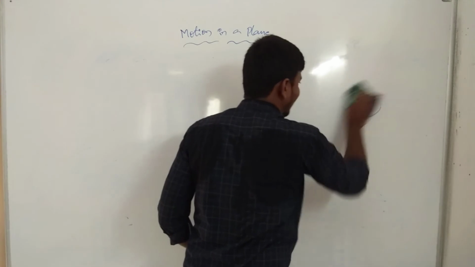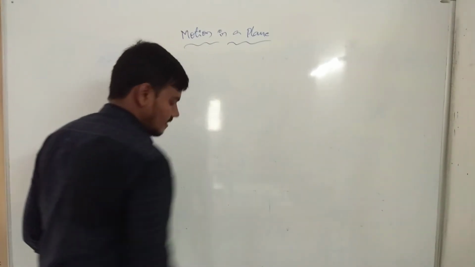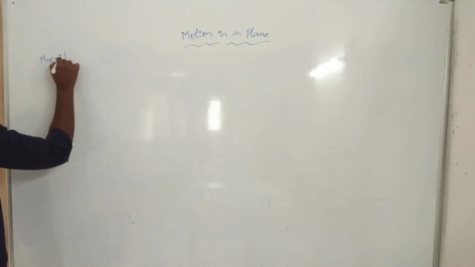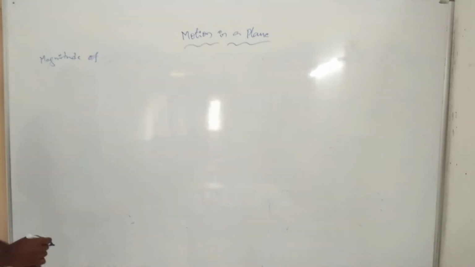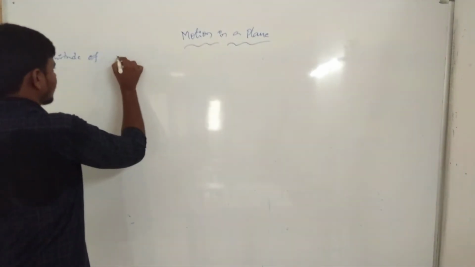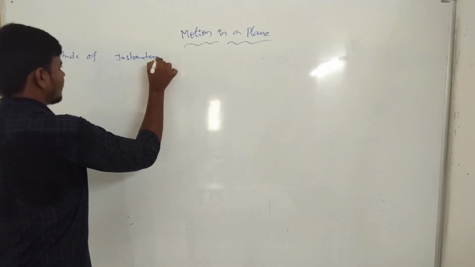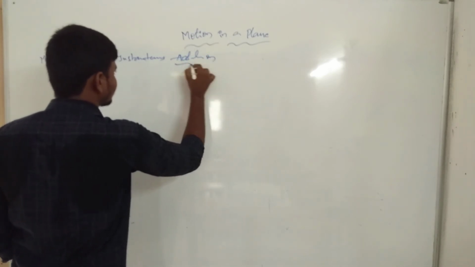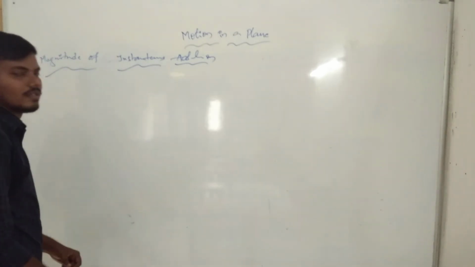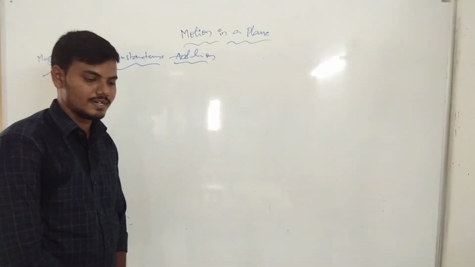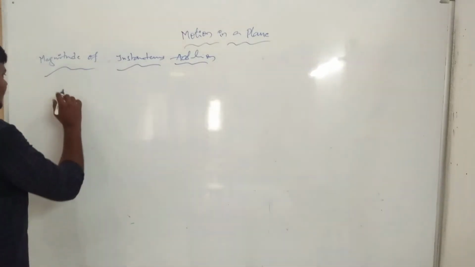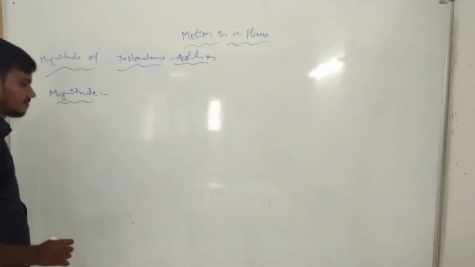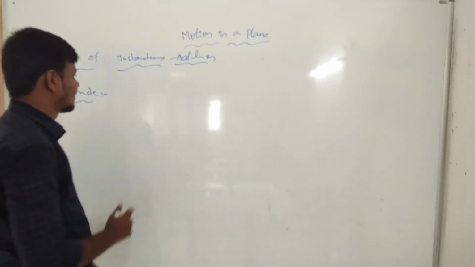Magnitude of instantaneous acceleration. Now what is the magnitude? The magnitude we can take as follows. Instantaneous we can take as limit.